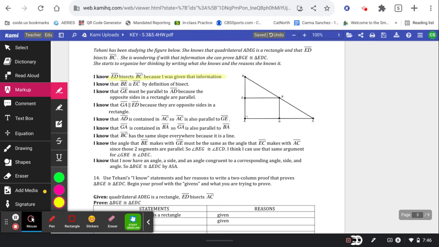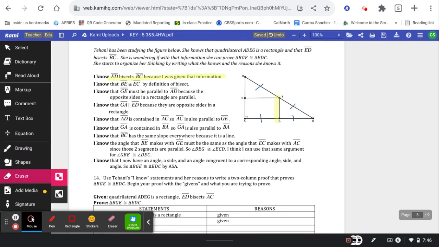ED bisects BC. So I'm going to start marking the picture here. BE and EC, BE and EC, definition of bisect. GE is parallel to AD, so let's mark that.